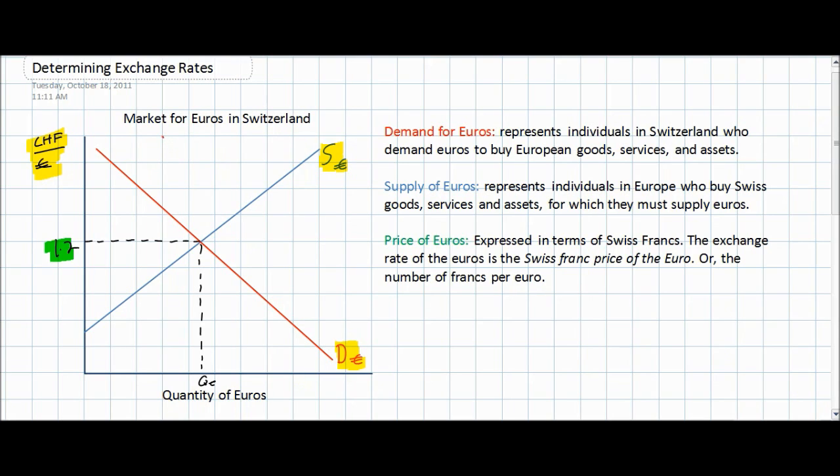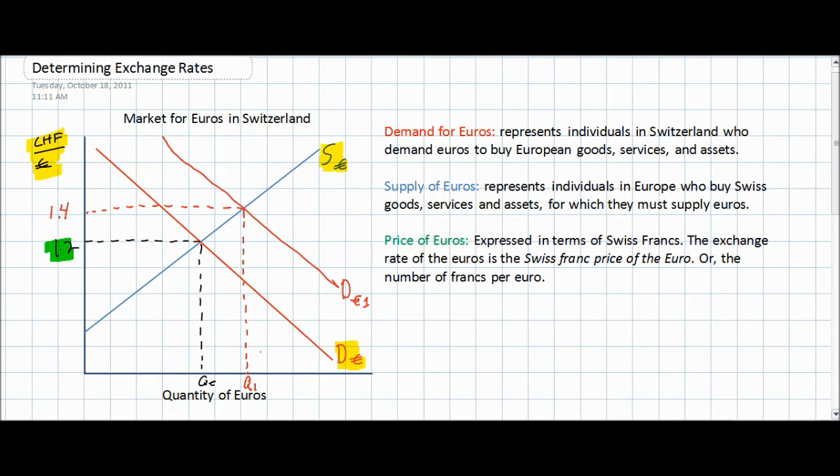In order to buy more imported goods, Swiss households would demand more euros. So the demand for euros would increase, and therefore the exchange rate of the euro would increase to perhaps 1.4 francs per euro.